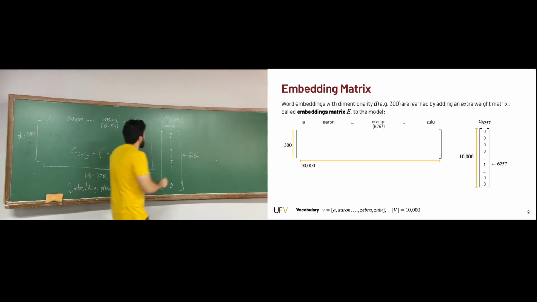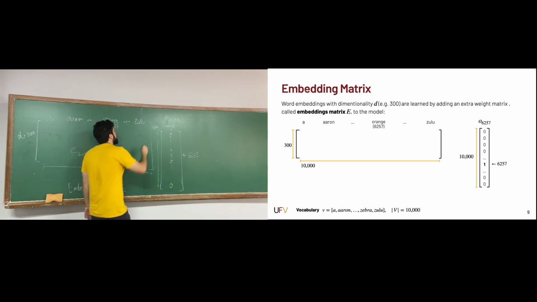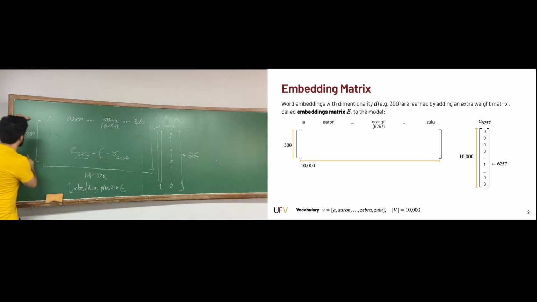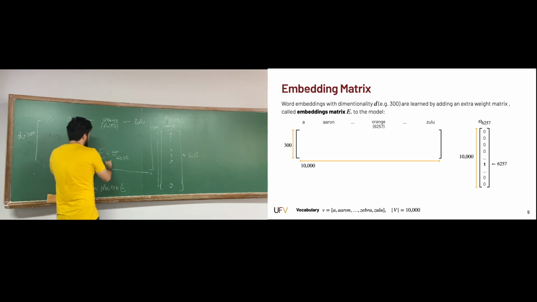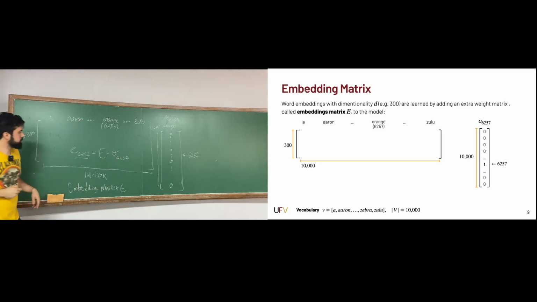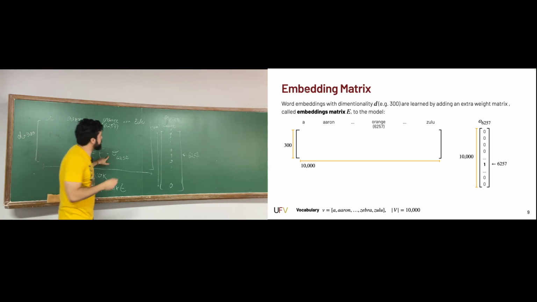This is a 10,000, 10K by 1 vector, right? And this is a 300 by 10K matrix. So I can multiply, on the left, I can multiply E by O. The effect of this multiplication is the following.